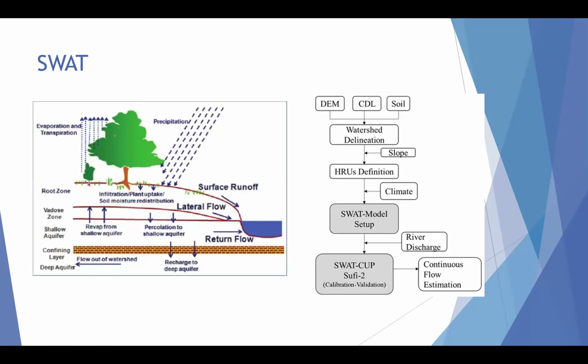Now, a simple example of how the SWAT model is being used. You can see the processes that are being modeled in SWAT. You can simulate the runoff process. For that you have to give the precipitation data, and your crop data is required in order to calculate your evaporation and transpiration losses.